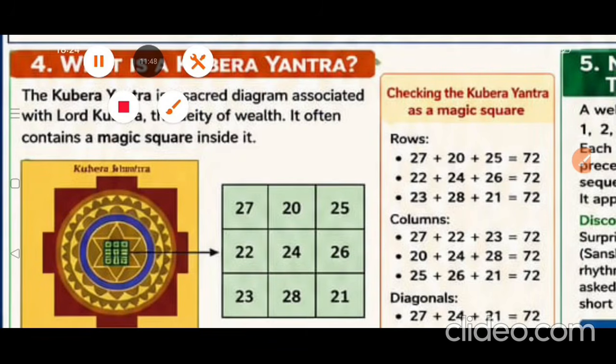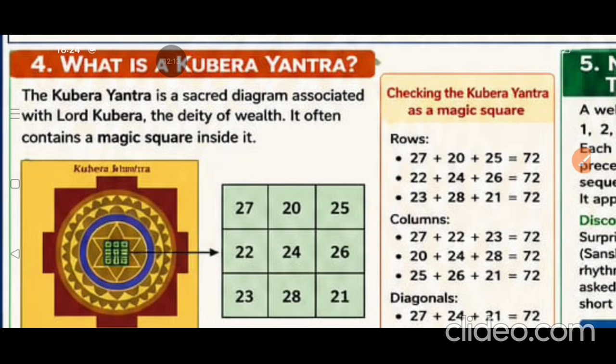This is the Kuber Yantra. The Kuber Yantra is a sacred diagram associated with Lord Kuber, the deity of wealth. It often contains a magic square inside it. On Diwali, in every home, this yantra is worshipped.